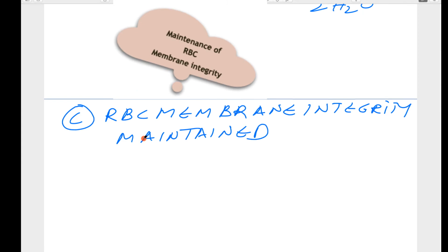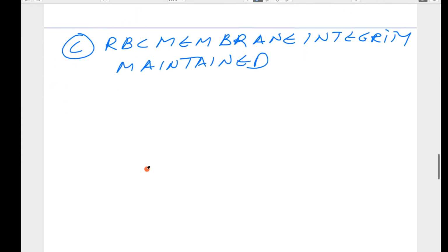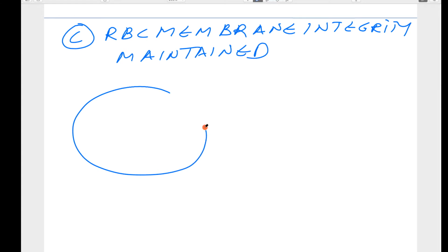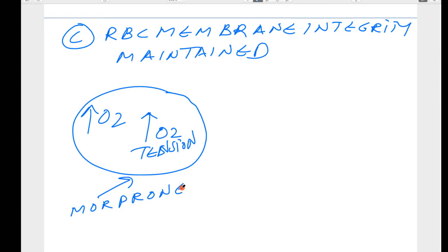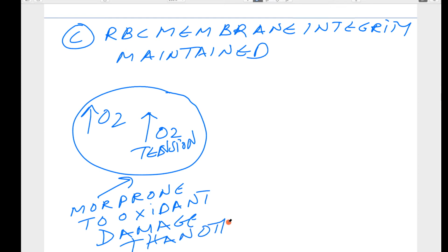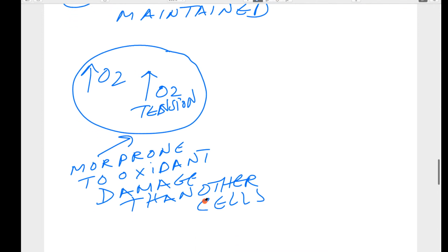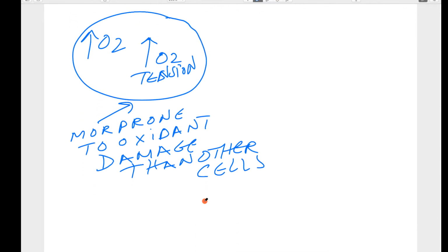Why is the RBC membrane prone to damage? In RBC there is a high amount of O2, so it is more prone to oxidant damage than other tissues and cells. Why is it so? When a high amount of O2 is used, there is every chance of production of more free radicals that leads to a high amount of damage.